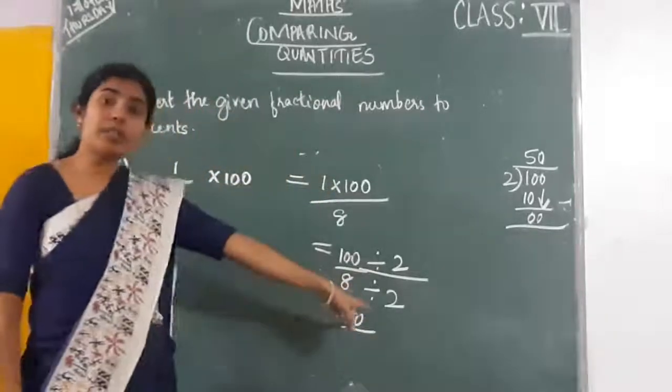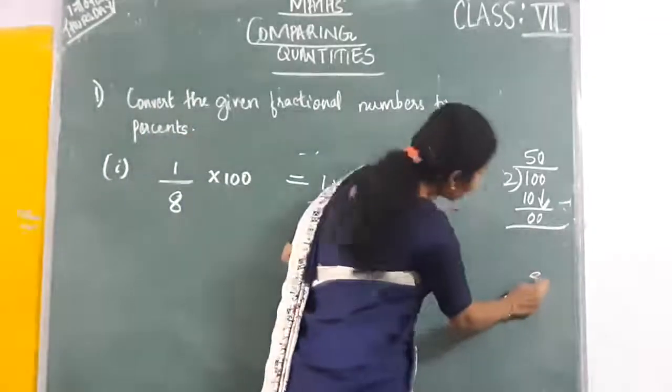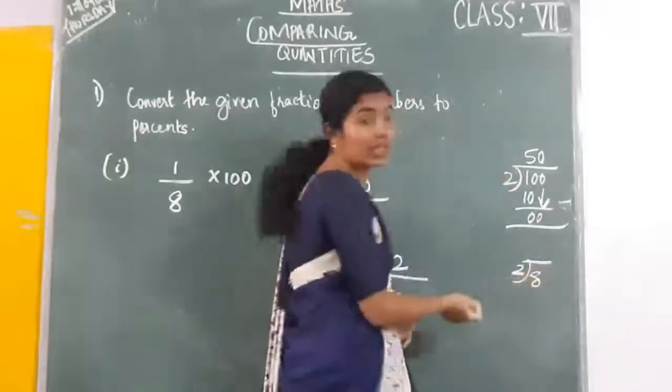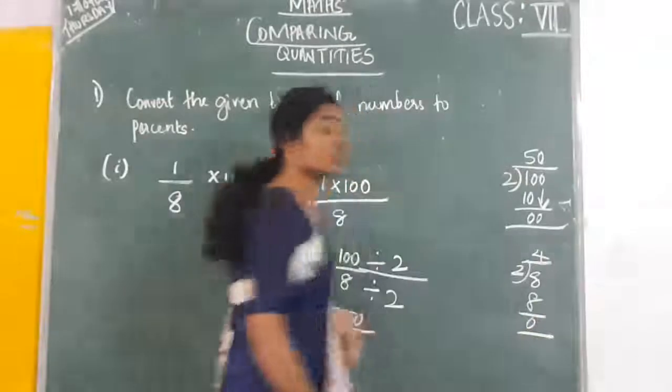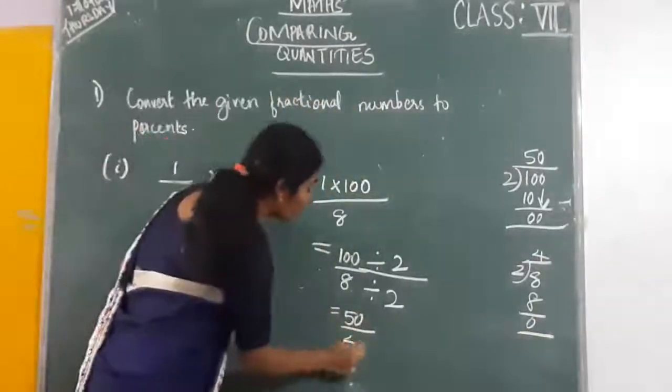What is 8 divided by 2? 2 fours are 8. That is the answer 4.